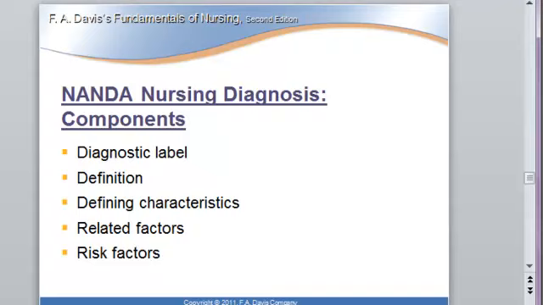This is the NANDA format. And NANDA is the National Association.